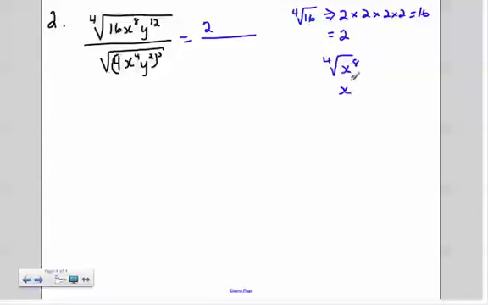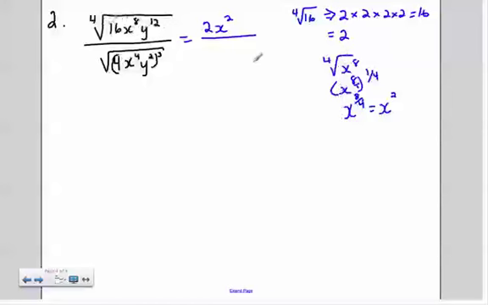But roots are the same as fractional exponents. So instead of having fourth root, I can think about it as to the exponent 1 over 4. I multiply those together. 8 times 1 is 8. 1 times 4 is 4. Which actually works out to x squared, 8 divided by 4.